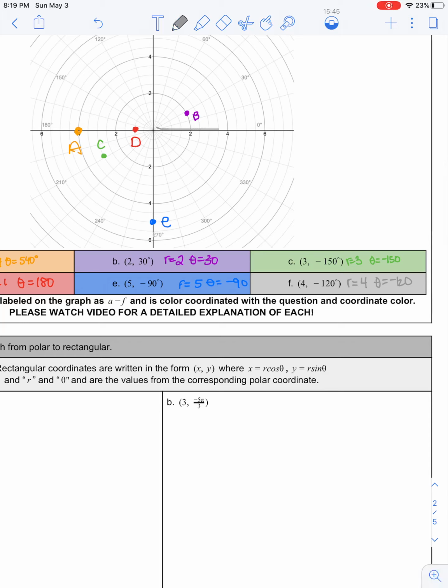We start on our polar axis and we need to go ahead and build the negative direction 120 degrees. So a quarter of the way through the circle is 90 degrees, 30 degrees more lands us here on this radial line that corresponds with 240 degrees. And we need to plot a point that is 4 units out from the origin. So here is point F.